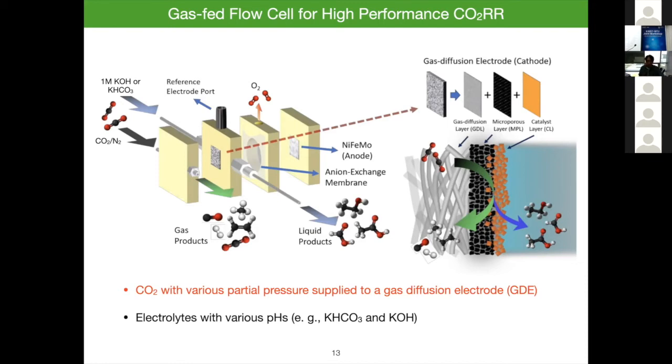And this is called a gas diffusion electrode system, which is used in commercial fuel cell systems. When you do that, you can have very high current density, even exceeding an ampere in CO2 reduction. So we use the CO2 reactant at various concentrations by diluting with nitrogen, and we also use different electrolyte pH in this system.